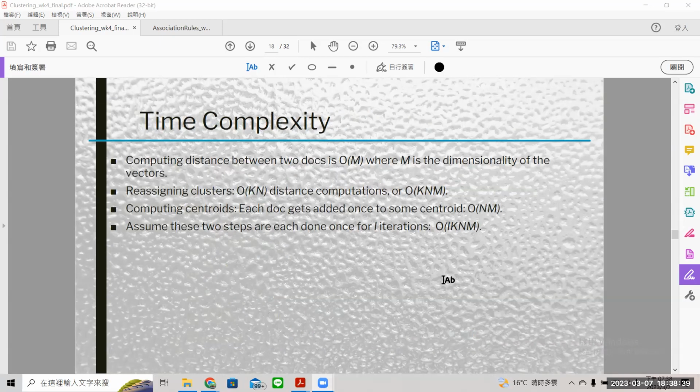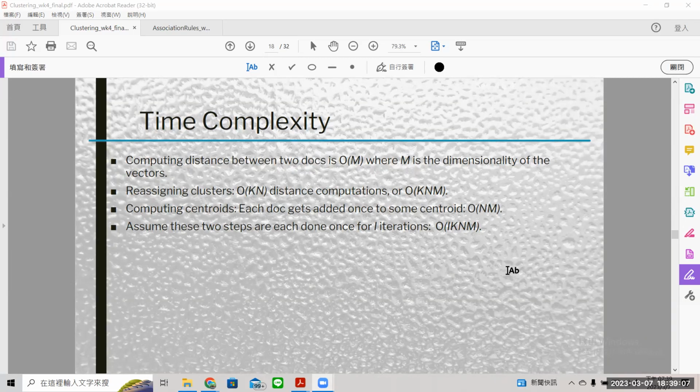And the complexity. Of course, if your sample size is large, you may face the difficulty of combinatorial optimization. But it depends on your data size.